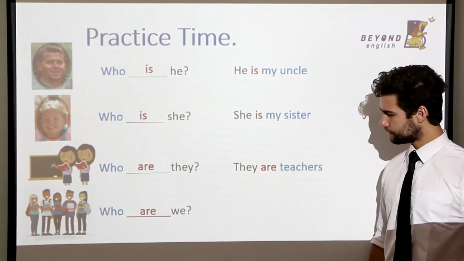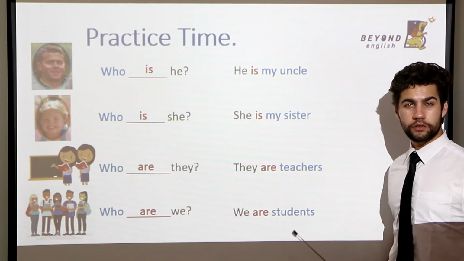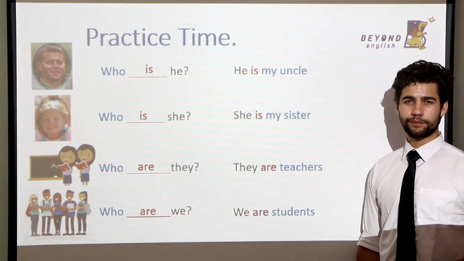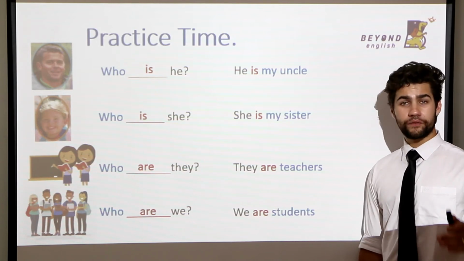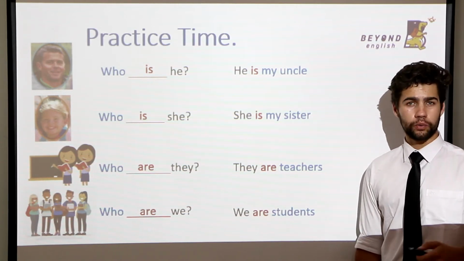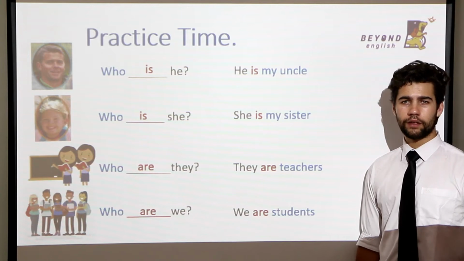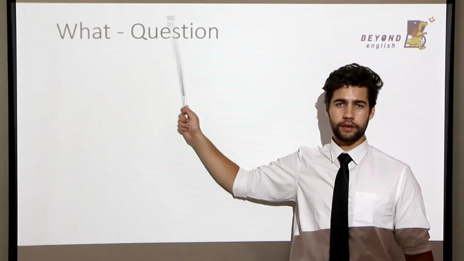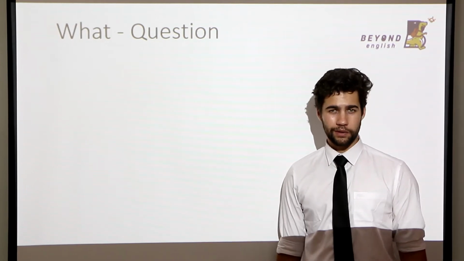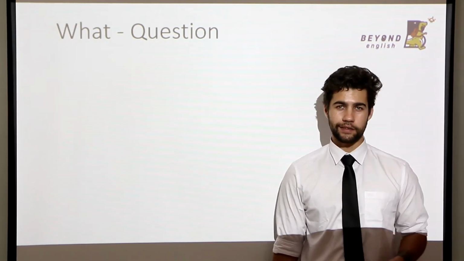And number 4, we are students. Well done. Okay, now we're finished with the who WH question. Let's move on. Next we have the what question. So let's look at a sentence.